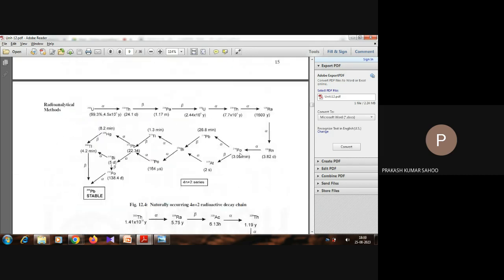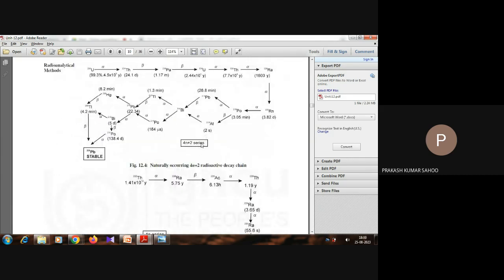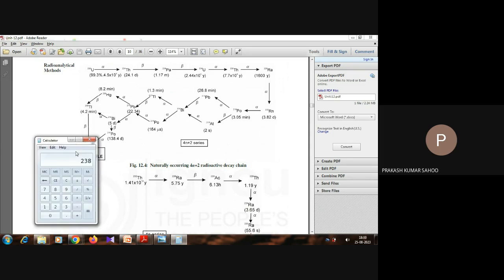Similarly, we have the 4n plus 2 series. If I divide 238 by 4, 238 divided by 4 will be 59, the remainder will be 2. So the series is the 4n plus 2 series.